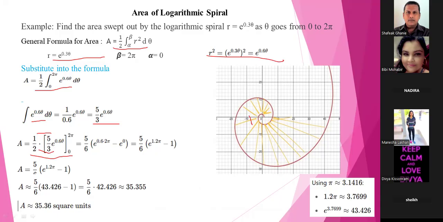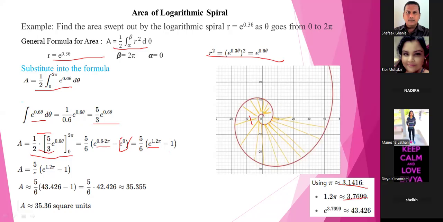Now we multiply the beta and the alpha. E to the power of 0 would give us 1, and then we can simplify this part. So e to the power of 1.2 pi, we can use pi as 3.1416, and 1.2 pi will give us approximately this.